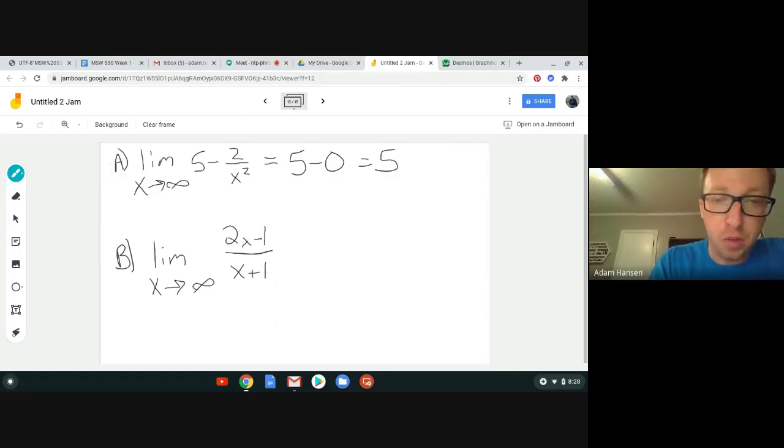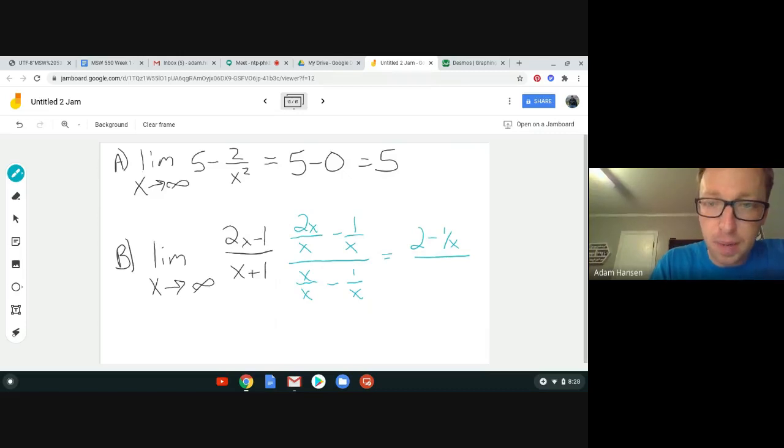So when I take 2x divided by x, minus 1 divided by x, x divided by x, minus 1 divided by x, that's going to give me 2 minus 1 over x divided by 1 minus 1 over x.